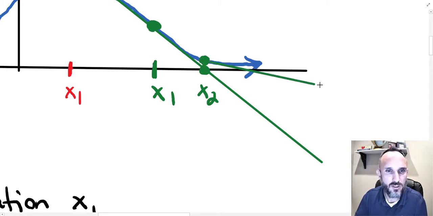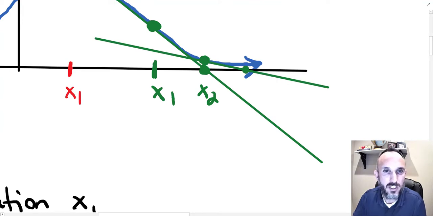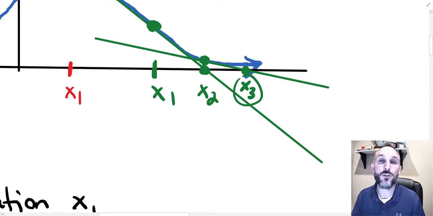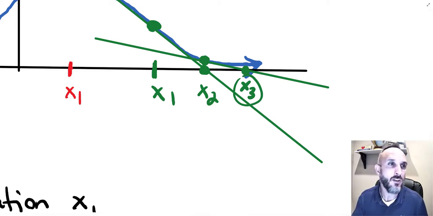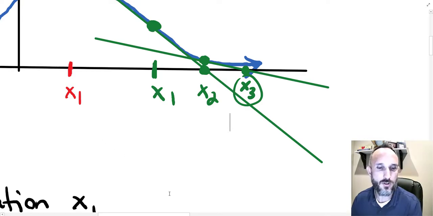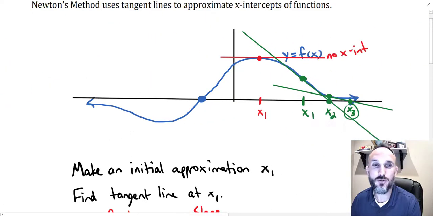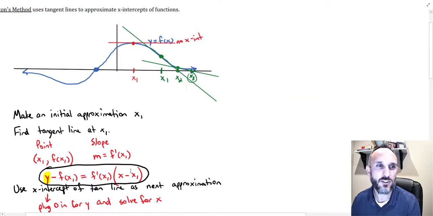So that's going to look, maybe something like this. That might be our tangent line. And the new x-intercept is over here, even further away from the x-intercept. And you can imagine if you keep following this curve with tangent lines, your approximations are going to diverge further from your x-intercept. So it's really important to choose initial approximations that will get you closer to the x-intercept, okay?